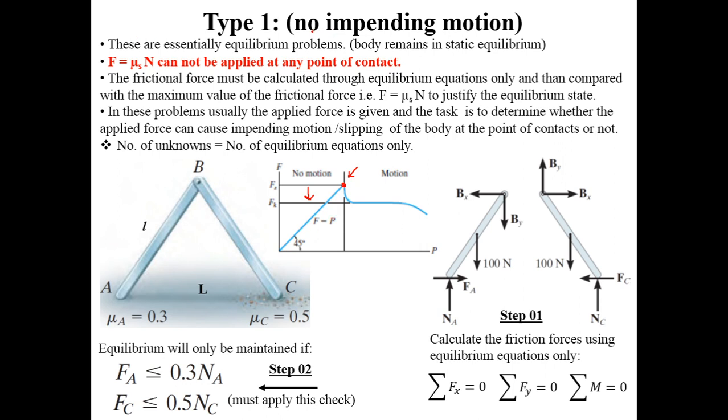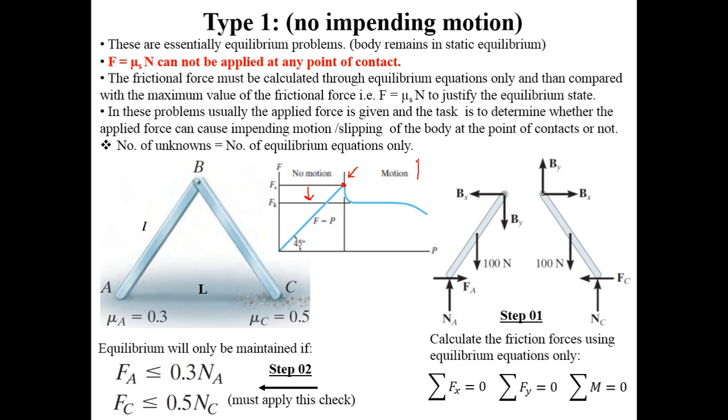So this problem states that there is no impending motion. The body will be in no impending motion, therefore it will be in static equilibrium. So these are essentially equilibrium problems, and the body is going to remain in static equilibrium. Therefore, the friction forces that you calculate through equilibrium equations will always be less than the maximum friction force.